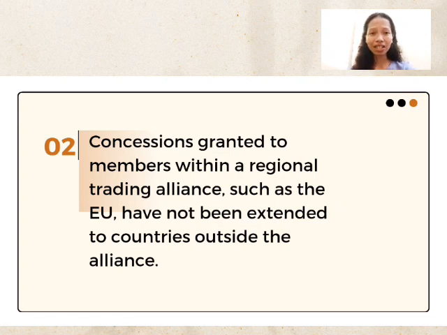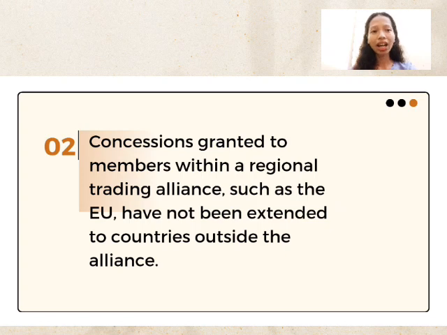For instance, the EU has a trade agreement with Canada known as the Comprehensive Economic and Trade Agreement or CETA. Under CETA, Canada and the EU grant each other various trade concessions, including tariff reductions and regulatory cooperation. However, these benefits are not extended to all countries, even if they are members of the WTO.